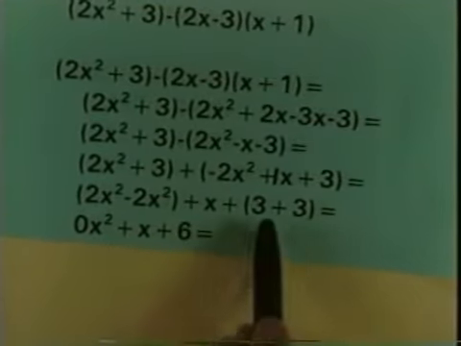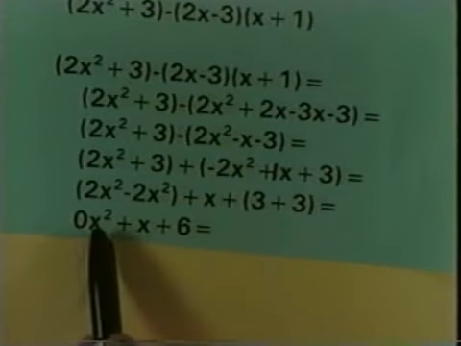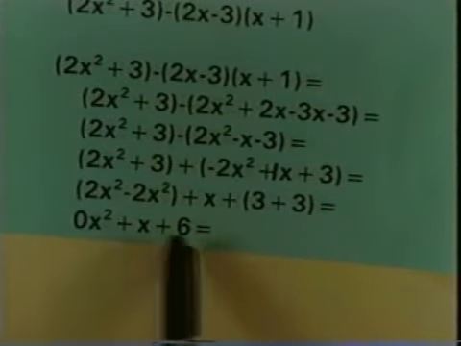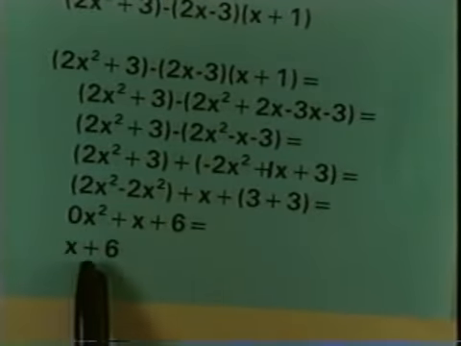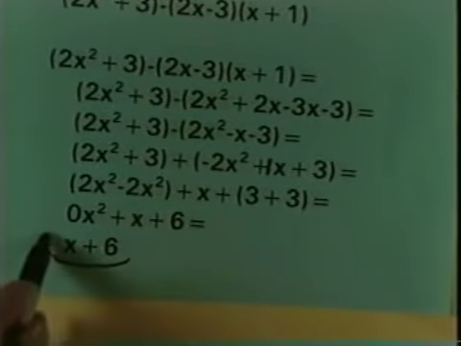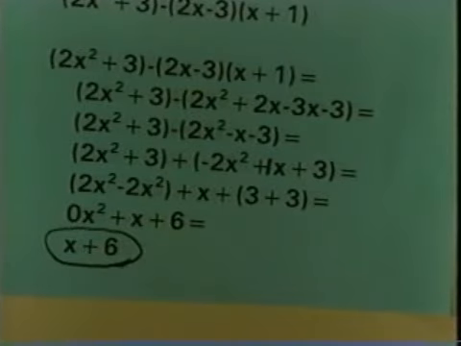Plus the x, and then 3 plus 3 is 6. Now of course, 0x squared is 0. And 0 plus x plus 6 is simply x plus 6. So my simplified answer is x plus 6.